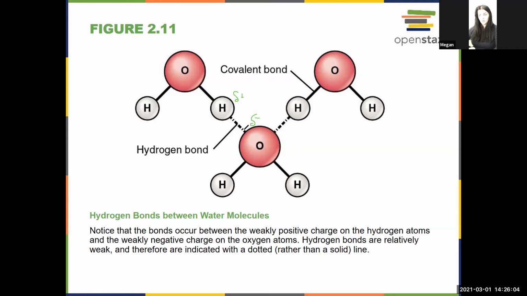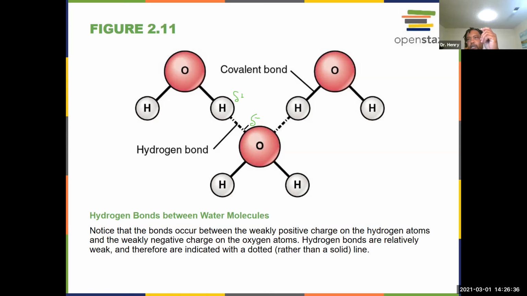Have you played with the big round ones that are really, really weak? Those are kind of like the hydrogen bond, because you put two of those together and it's really easy to pull apart. With two really strong magnets, it takes energy to pull them apart.